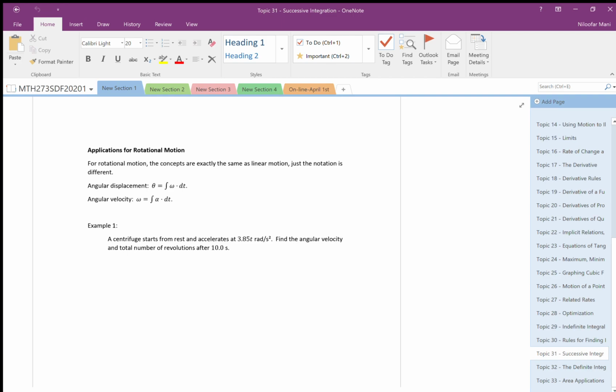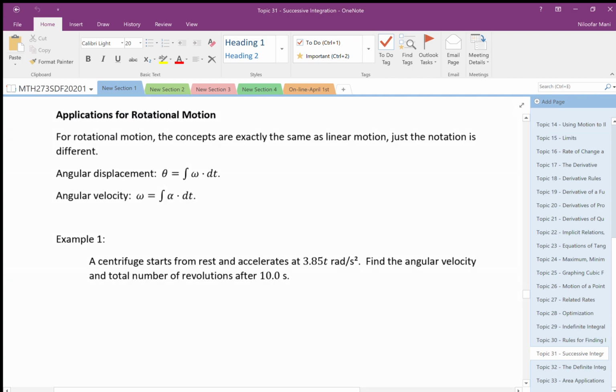So for rotational motion, if I have angular velocity, then if I do the integral of angular velocity, I can go back to the displacement, which I show with theta, and it is in radians. If I do the integral of acceleration, then I can go back to angular velocity.